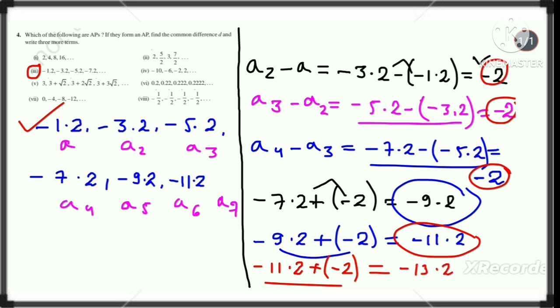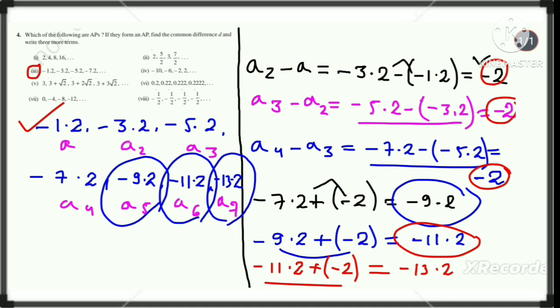So the seventh term will be minus 13.2. Students, in this way we have obtained its three more terms, that is A5 minus 9.2, A6 minus 11.2 and A7 minus 13.2.